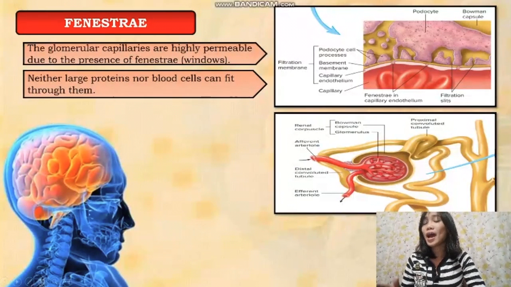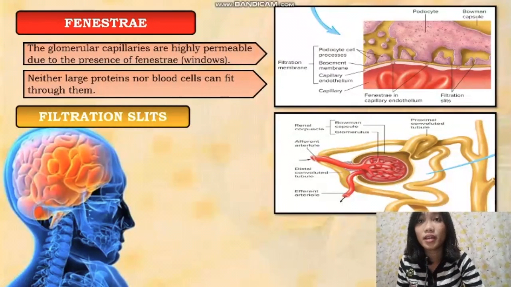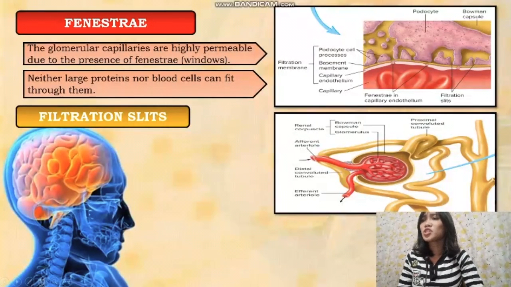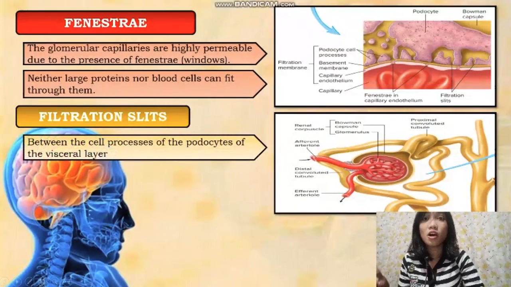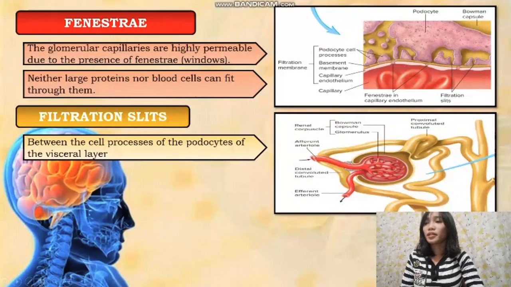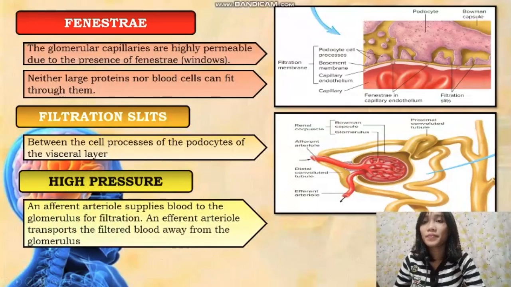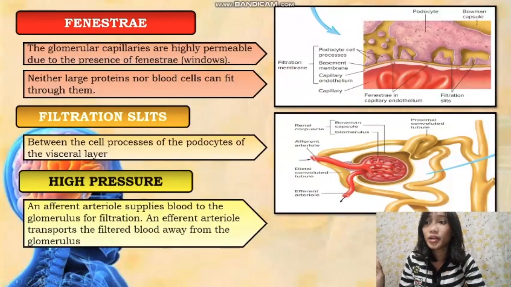Next, we have the filtration slits. In this picture, these are the filtration slits, between the cell processes of the podocytes of the visceral layer. Then there is high pressure. Here we have the afferent arteriole, which supplies blood to the glomerulus for filtration.